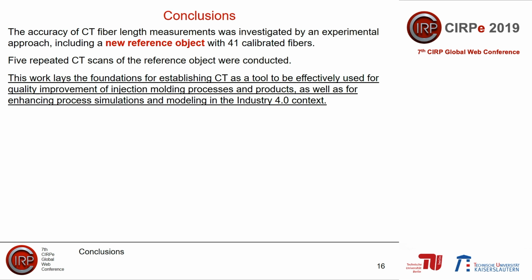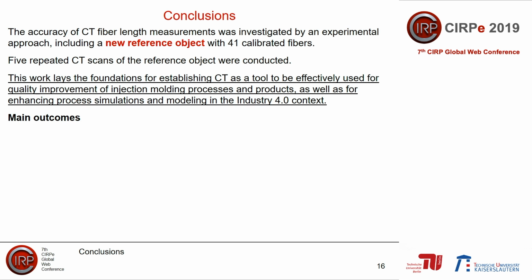Accurate CT fiber measurements are also fundamental to provide experimental validation of injection molding process simulation and modeling in the Industry 4.0 context. The proposed approach consisted in performing repeated measurements of a reference object similar to the actual FRP workpieces in terms of material dimensions and geometry.